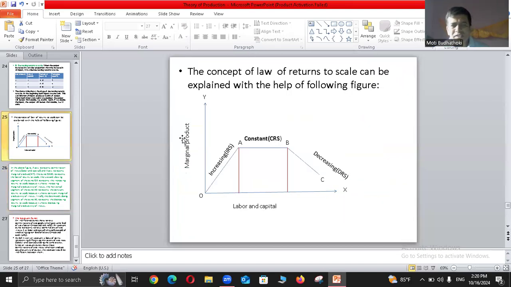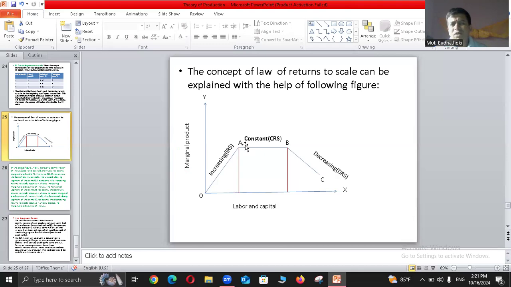We can use this curve OABC and its three different segments. From O to A, it is increasing. From A to B, it is constant because here the increase of labor and capital is in the same proportion, and the increase of marginal product is the same.